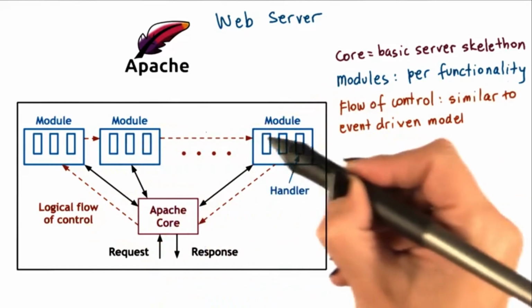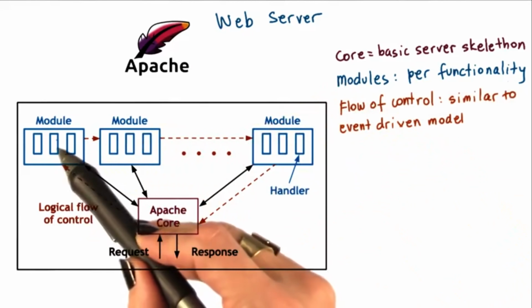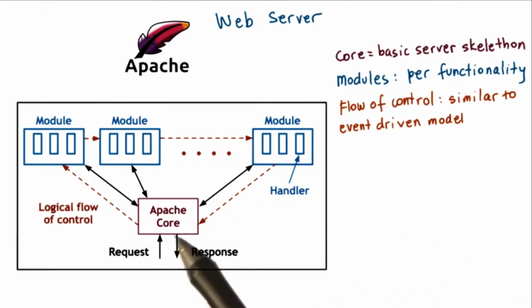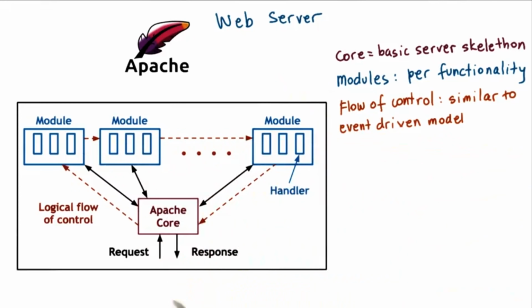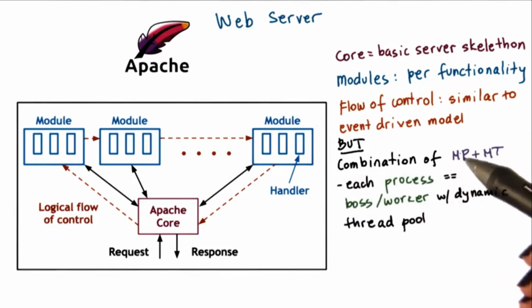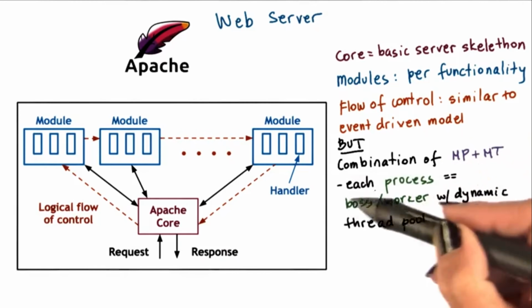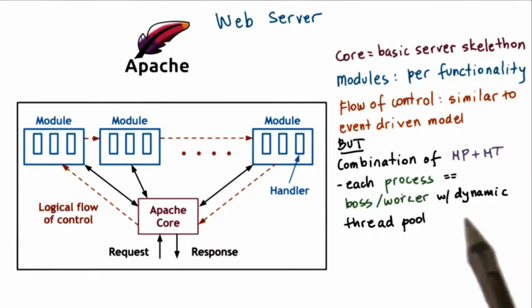The flow of control is sort of similar to the event-driven model that we saw, in the sense that each request passes through all of the modules. Like in the event-driven model, each request ultimately passes through all the handlers. However, Apache is a combination of a multi-process and a multi-threaded model. In Apache, a single process, a single instance, is internally a multi-threaded boss-workers process that has dynamic management of the number of threads.